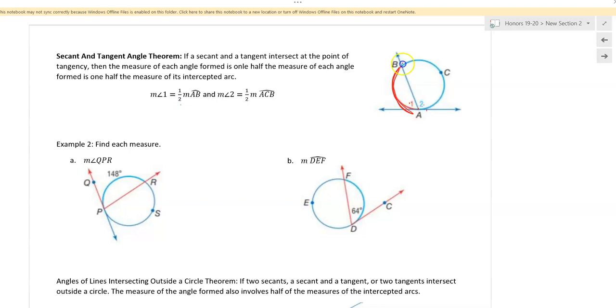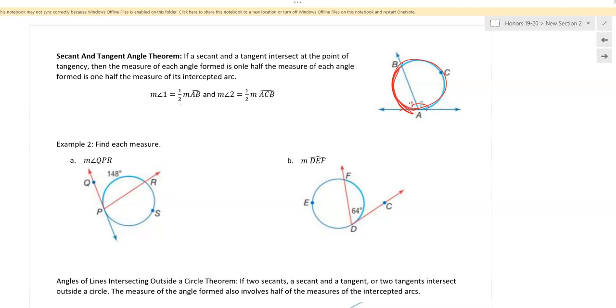If I want to find this one, same thing. It's 1/2 that arc. Same thing here as in our last one. You might get things where this is 180 degrees total, or the whole circle is 360. So there's all these different things you might have to do.